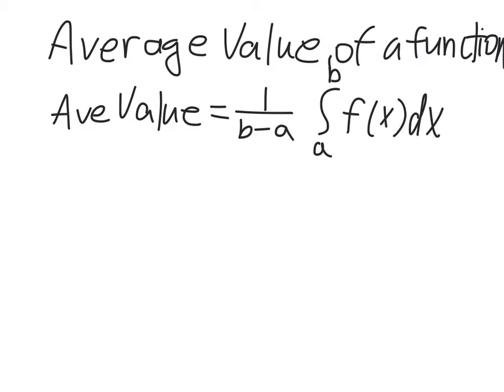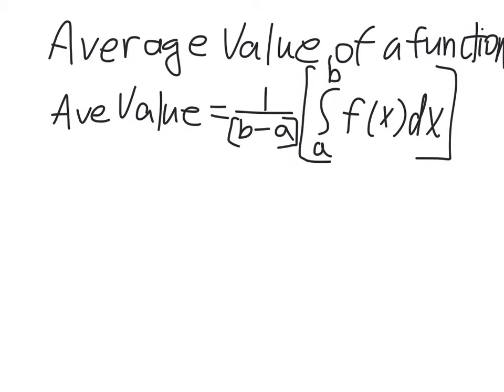And geometrically, what we can think of, this would represent the area under the curve from a to b, and then the b minus a is really the length of the interval that we're talking about. So average, we think of adding up all the numbers and dividing by the number of numbers. Well, with a continuous function, the concept is similar.